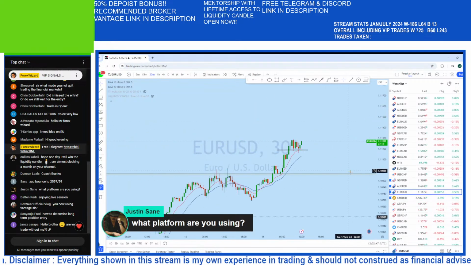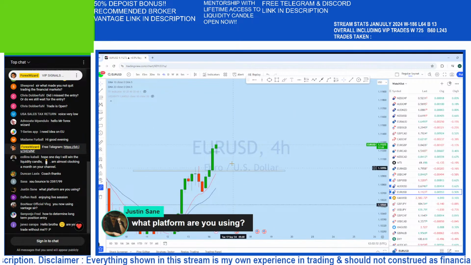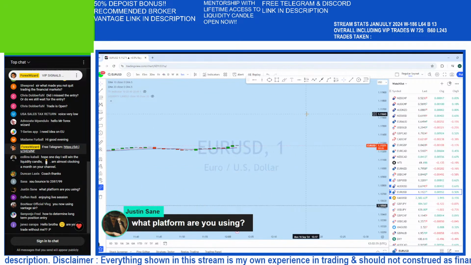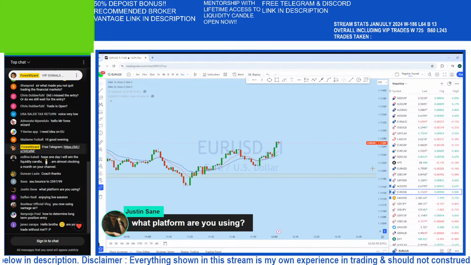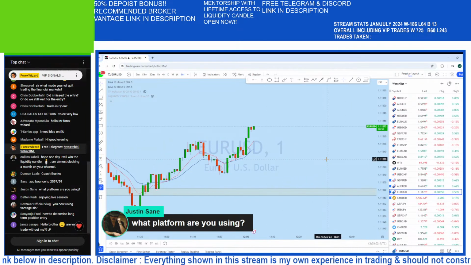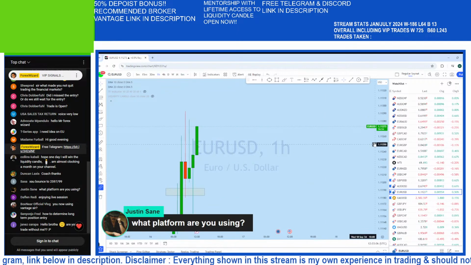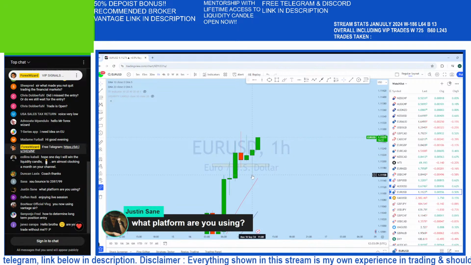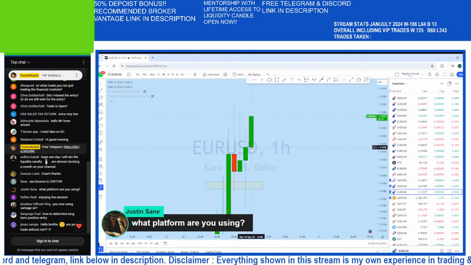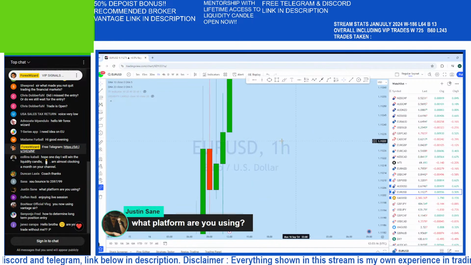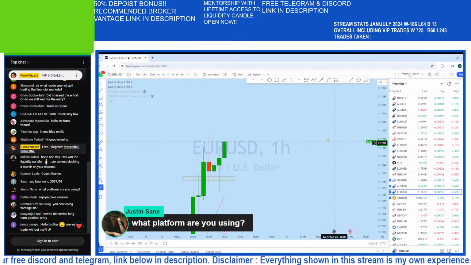If we look at the EURUSD, we can see that this market is trending very aggressively. We can see there is a bullish candle, and here, what we can see is a weak candle on the 1 hour chart on EURUSD.